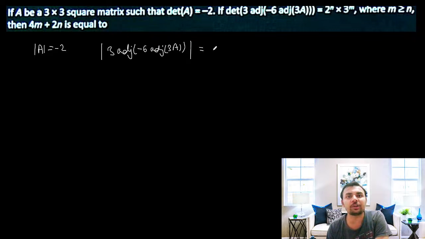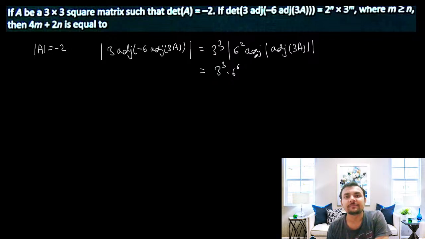This will come out to be 3 cube, mod of 6 square, and this is adjoint of 3A. So this is nothing but 3 cube, 6 square, 2 to the power 6.